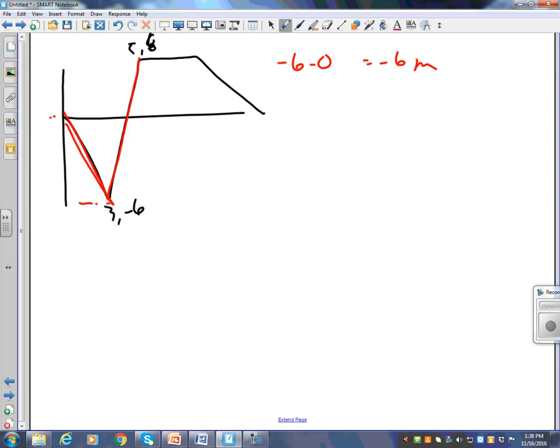So it's going to be 8 subtract minus 6, subtract the y's, all over, subtract the x's, 5 minus 3, so that's going to be 14 over 2, which is 7. 7 meters per second. I'm warning you right now, there will be a mark for units on the next test. Get used to putting units down. They're important. I tried to circle every time you made a mistake with your units.